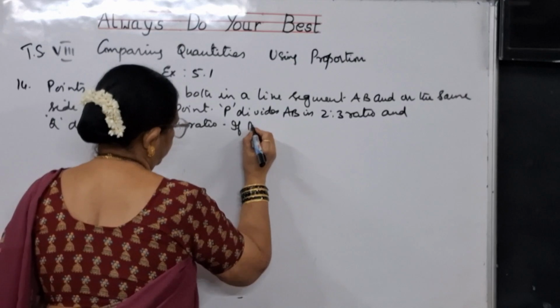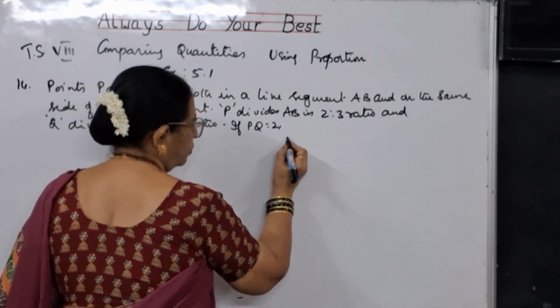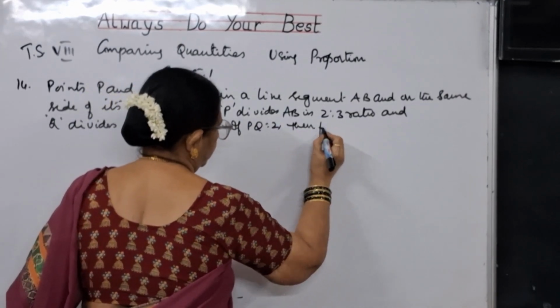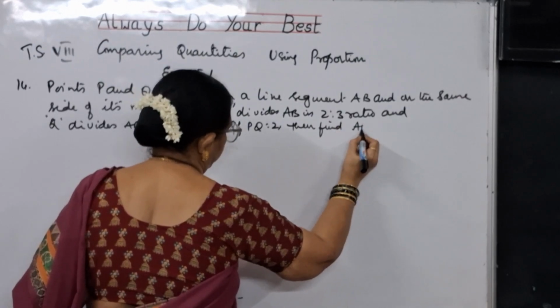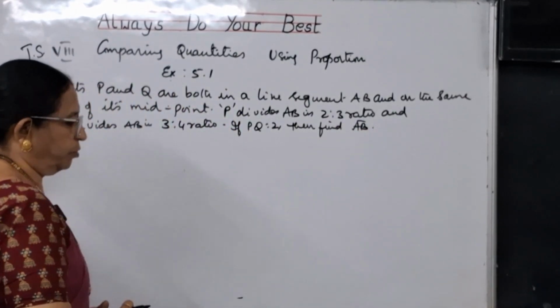If PQ is equal to 2, then find AB. What is the length of AB? You have to find out.